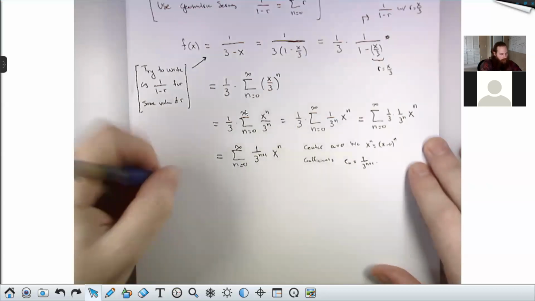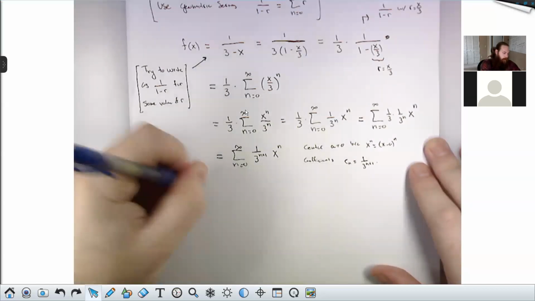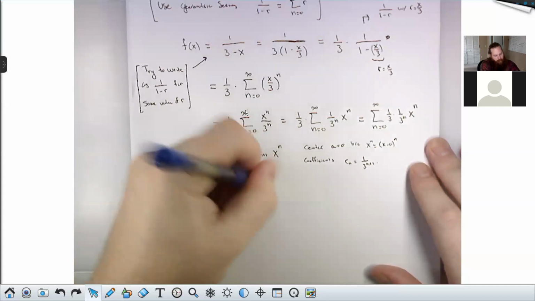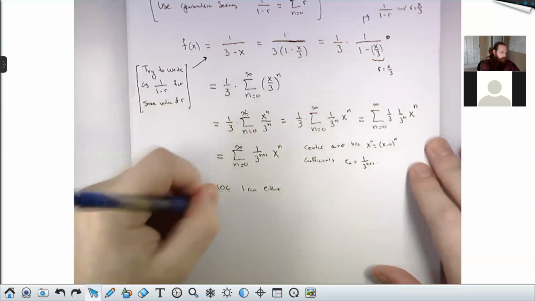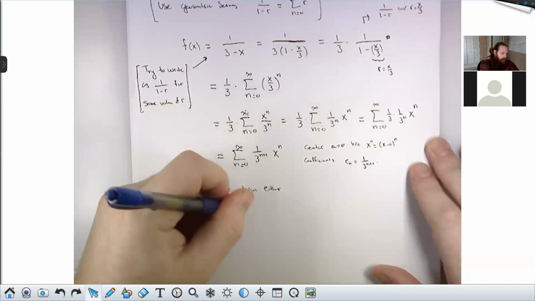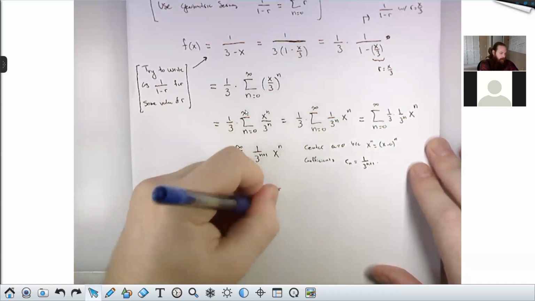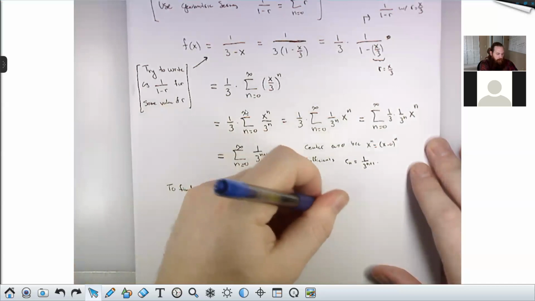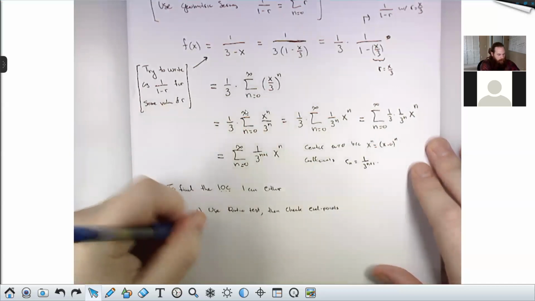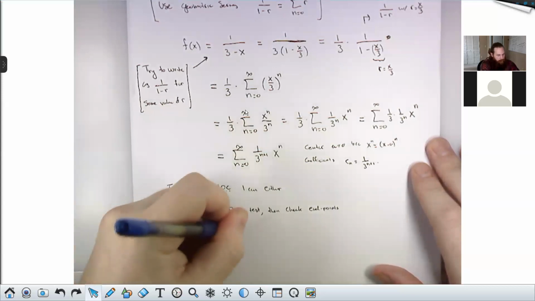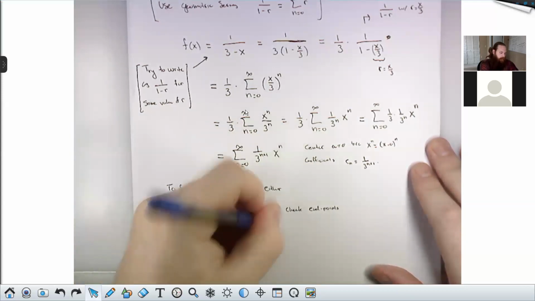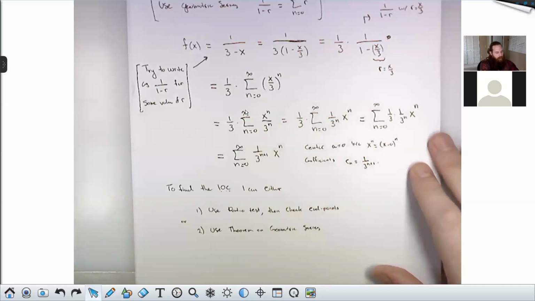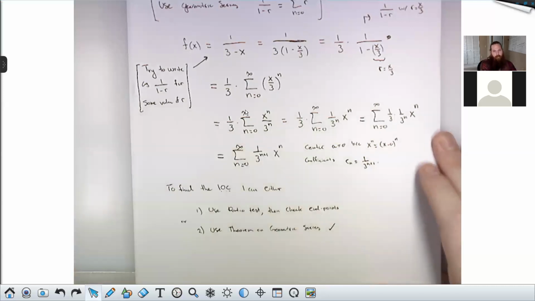So to find the IOC, I can either use the ratio test, then check endpoints, or use our theorem on geometric series. I'll do this one because it's faster.